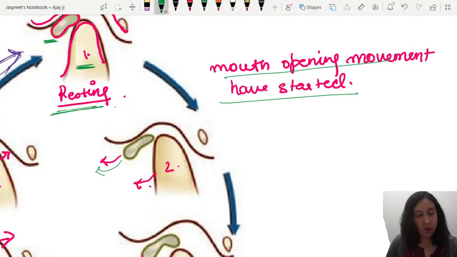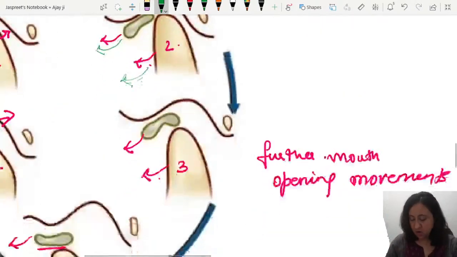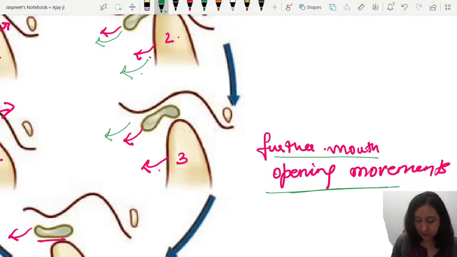Disc forward. Condyle is moving forward. But the disc has moved ahead of the condyle first. It is not in synchronization with the condyle. It has moved further ahead of the condyle. Now there are further mouth opening movements and the disc is further moving forward and the condyle is following the disc.